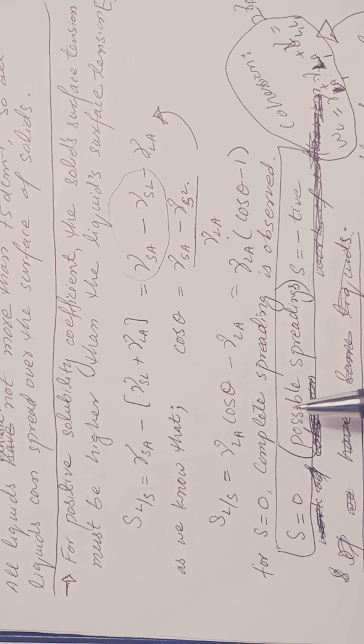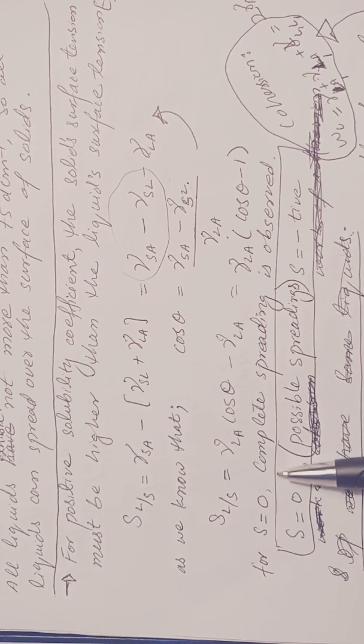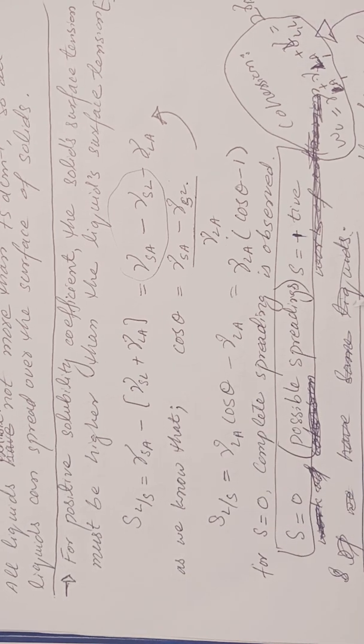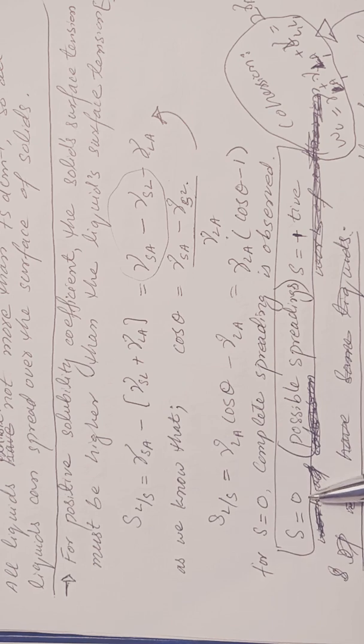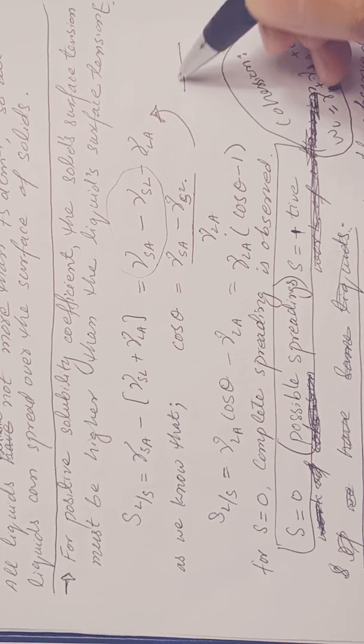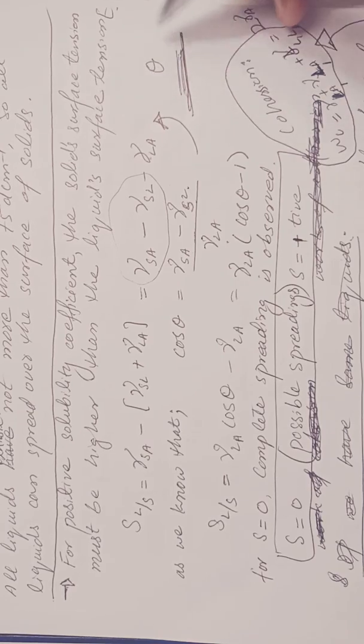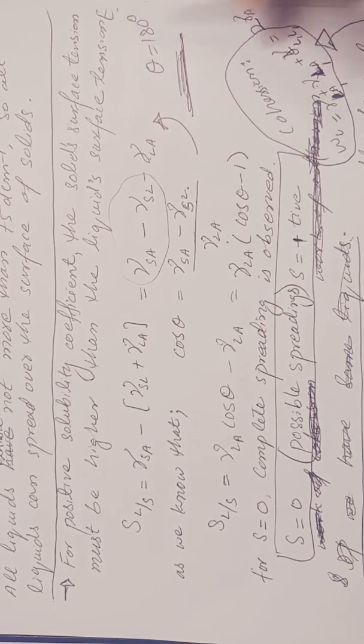For complete spreading, the spreading coefficient must be positive, or it is 0. It means that the value of the spreading coefficient can be either positive or 0. So for the case of 0, here we have maximum or complete spreading, because here we can see that the angle is 180 degrees.